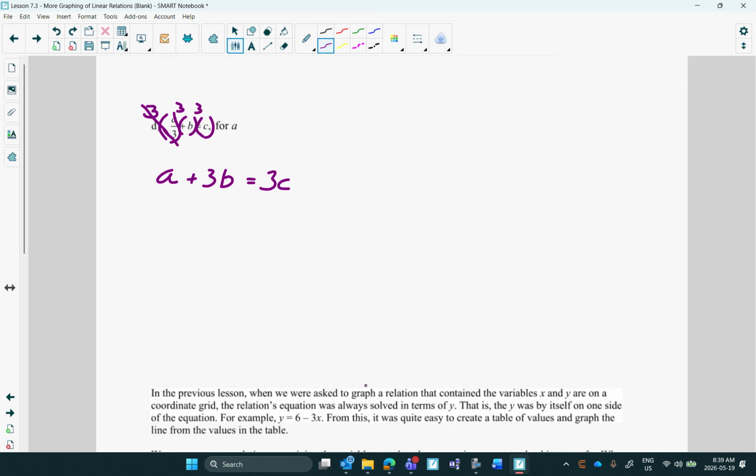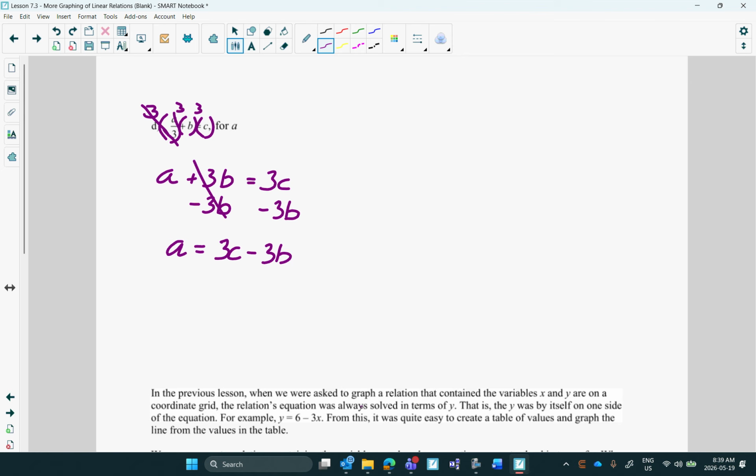We need to do one more thing. How do I get A by itself? A is by itself? No, it's not. There's a plus 3B with it. Minus 3B. And A equals 3C minus 3B, and we can't combine these because they're not like terms, so you have to just write them as separate.